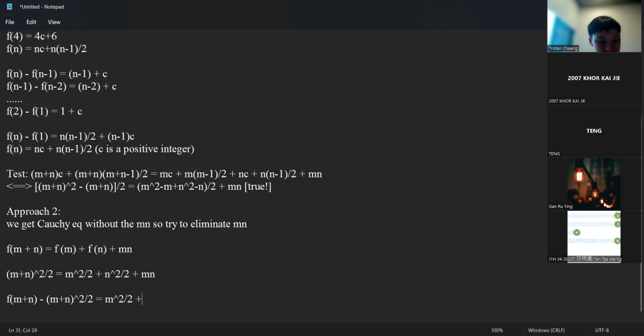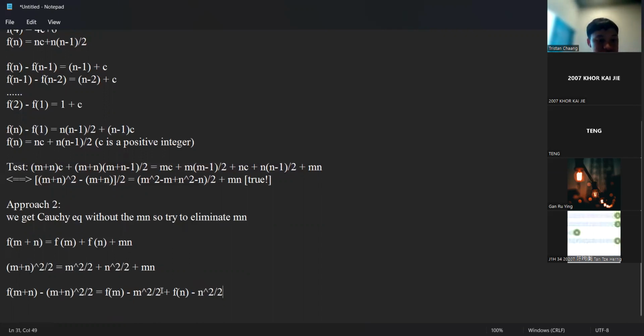f(m plus n) minus (m plus n) squared over 2 equals f(m) minus m squared over 2 plus f(n) minus n squared over 2. And the mn's cancel. So what can we see here? If I let this be g(m plus n), then we get a Cauchy equation.